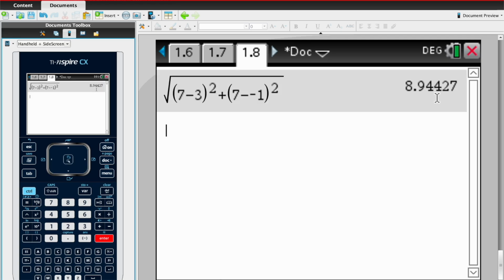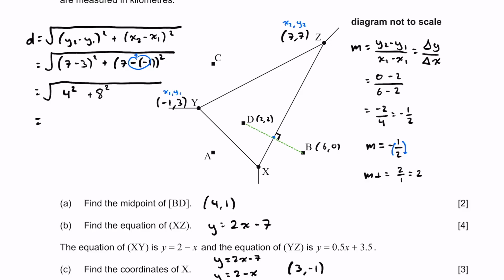All right, 8.94427. So writing that out, we have 8.94427, or 8.94. Okay, I think we are good.